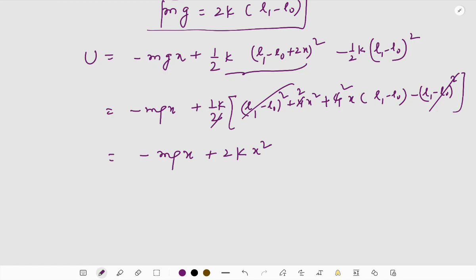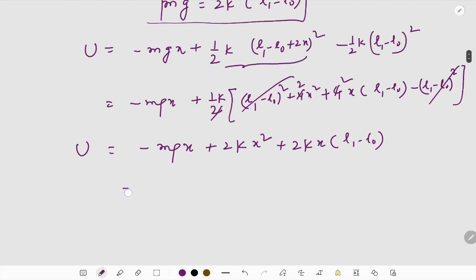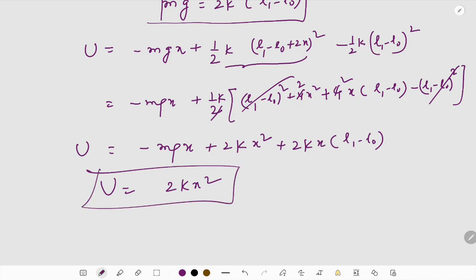So this becomes 2kx(L1 minus L0), and this is the change in potential energy of the system. And if I use this equation, mg equals 2k(L1 minus L0), that means the whole result is simply 2kx square. This is the change in potential energy of the system.